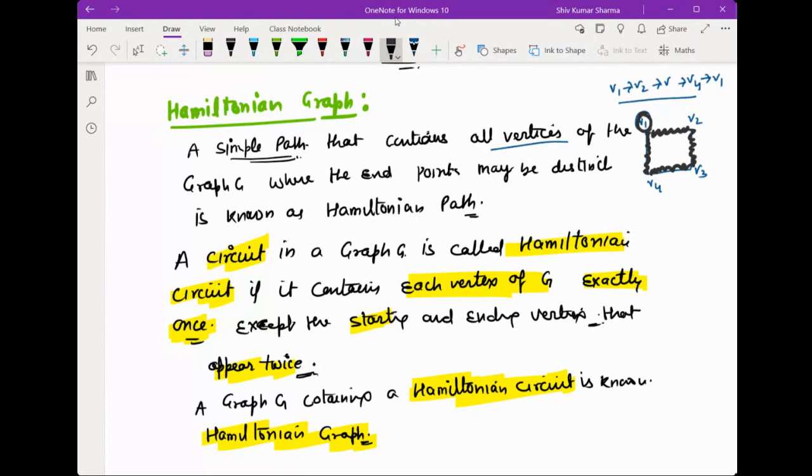Start and end vertex may be the same, but all the intermediate vertices are visited exactly once. So this is a simple example of a Hamiltonian graph.